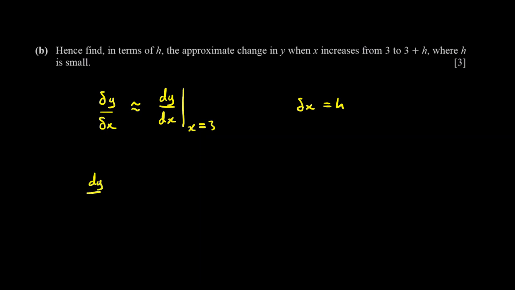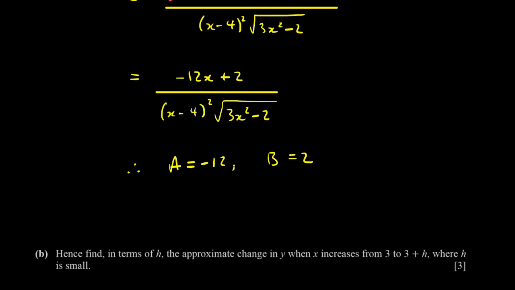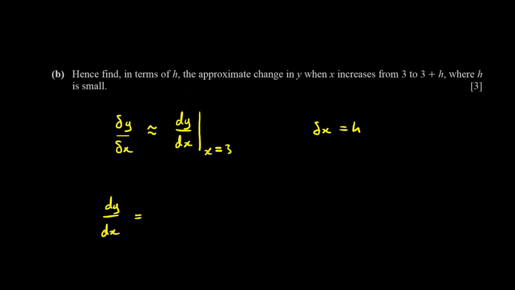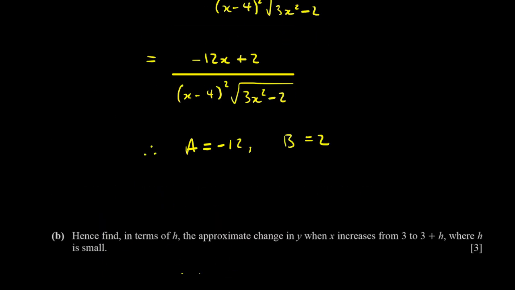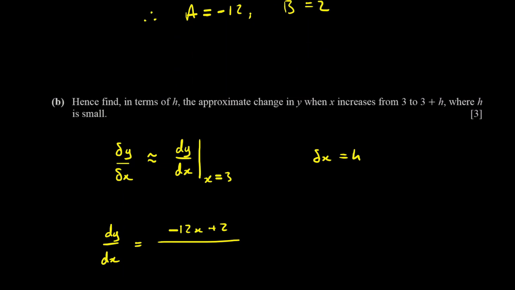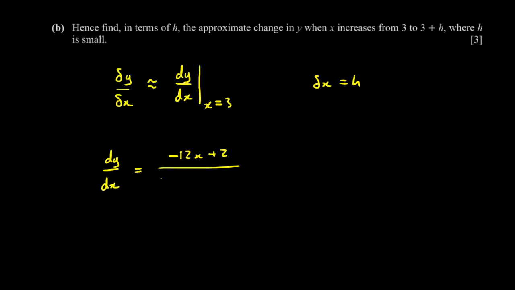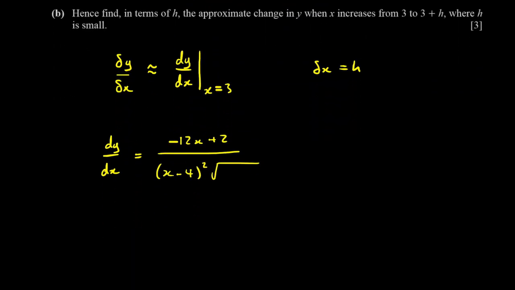So dy/dx is equal to, what was it? Negative 12x plus 2, all divided through by, what was it? (x − 4)² times by the square root of 3x² − 2.